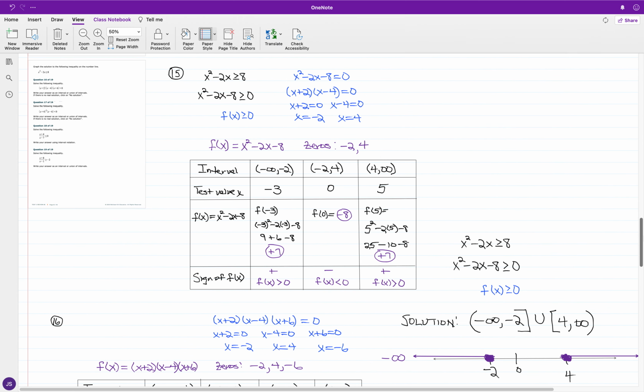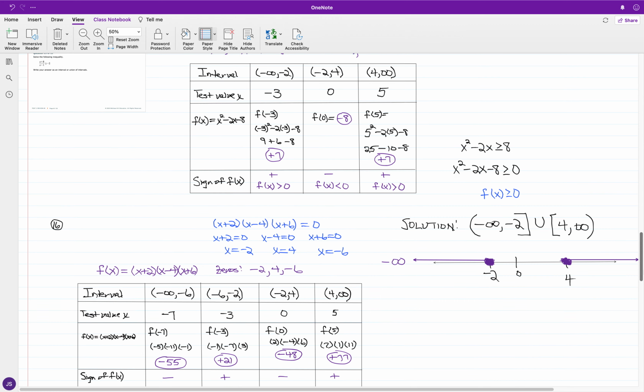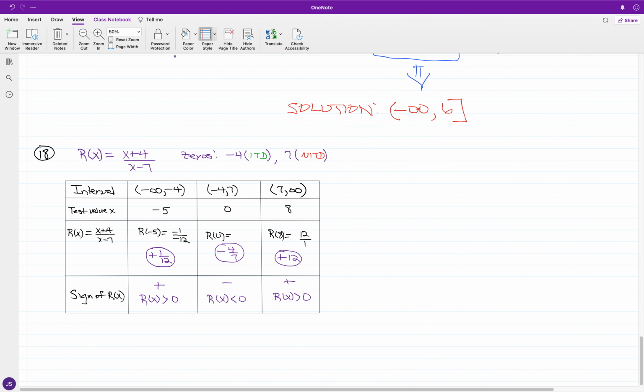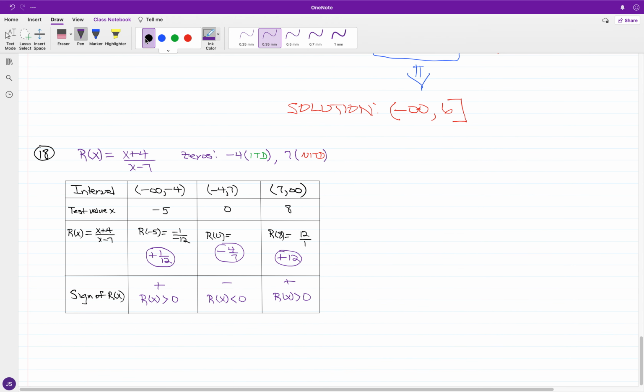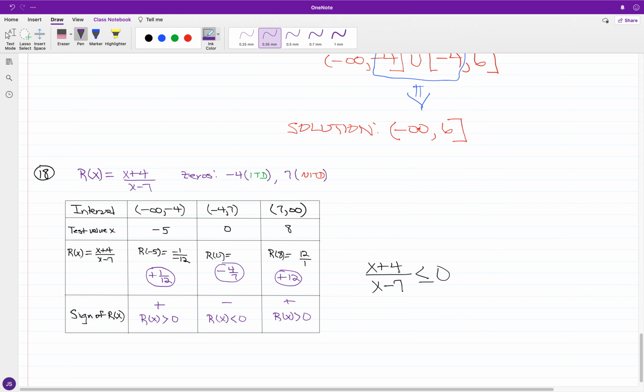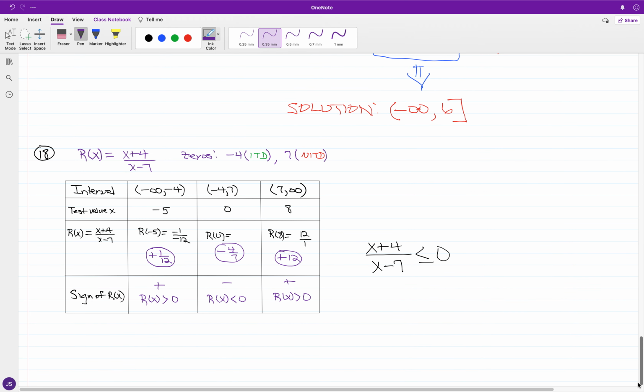That one was said to be less than or equal to 0. So again, we're referencing where r of x is less than or equal to 0.